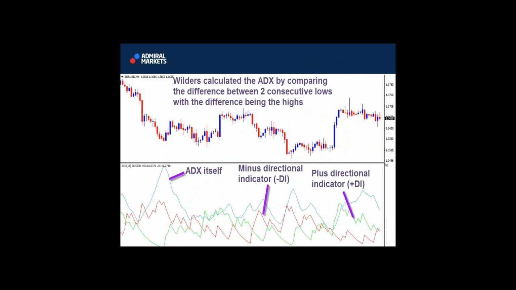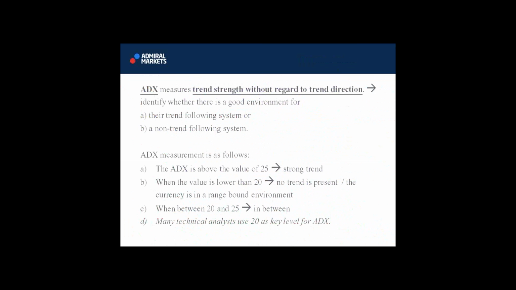I think it was late when I made this, I can see. So ADX measures trend strength without regard to the direction. All right, so I need to emphasize that. It just shows how strong the trend is. It doesn't say anything about the direction. It just shows, is there a trend or not?